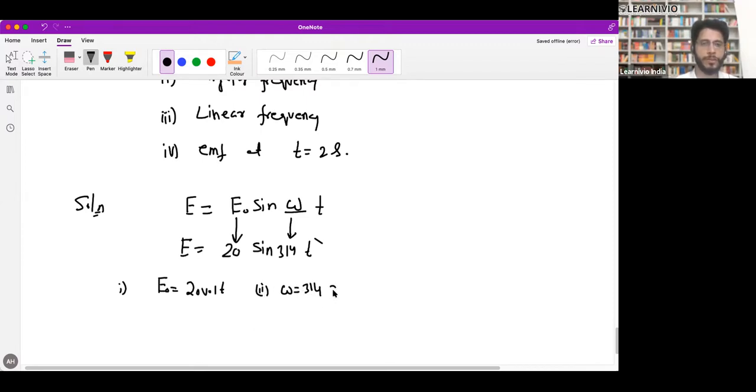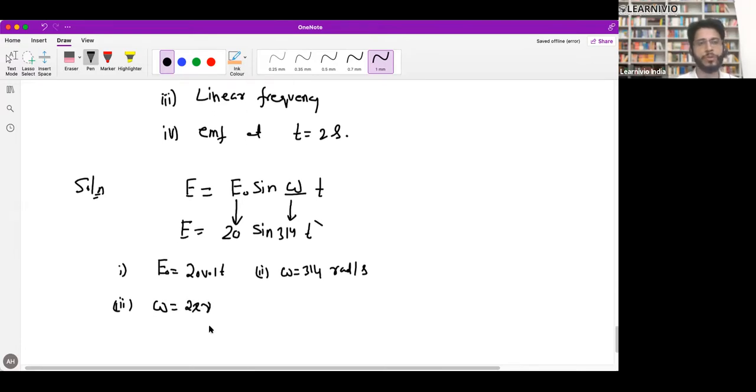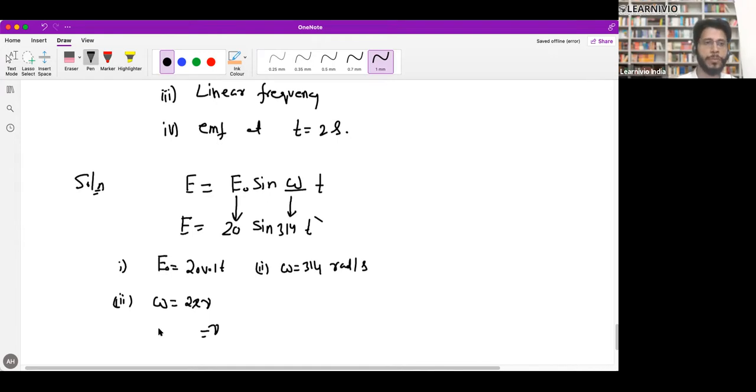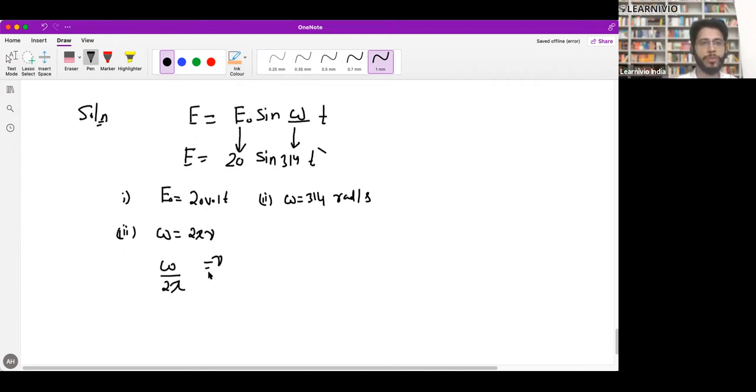The unit is radian per second, so 314 radian per second. The third part is asking about linear frequency. Omega is 2 pi nu, so you can write nu as omega over 2 pi. Omega is 314, so 314 divided by 2 pi is your frequency.